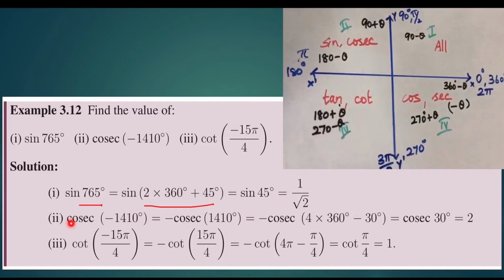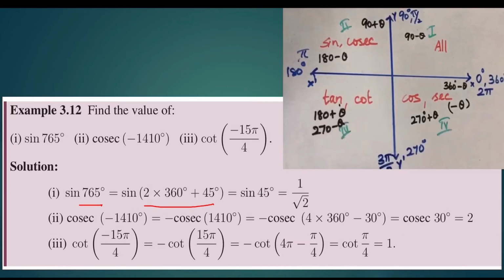Now, cosecant minus 1410. You have to divide 1410 by 360 so that you can split it. So, it is 4 into 360 minus 30. Here we are splitting it as 4 into 360 minus 30. 360 means there is no change in trigonometric ratio. So, cosecant will remain cosecant.